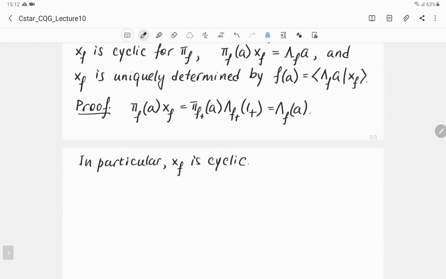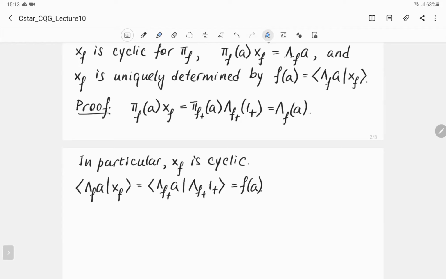Okay, now we have to show the second formula. Again, we calculate the inner product of lambda F of a and xF. We replace lambda F of a by lambda F plus of a, and xF by lambda F plus of the identity. And again, this is nothing but F plus of a, that is F of a. So we see that xF satisfies this condition.